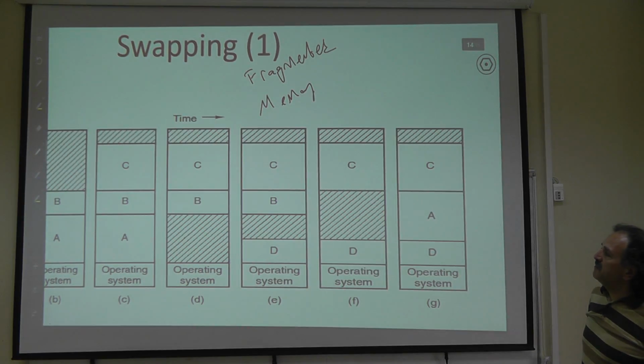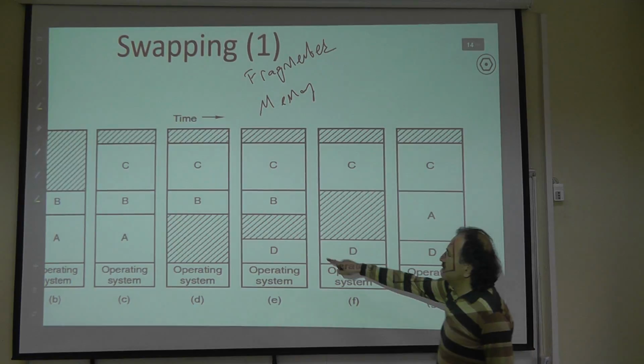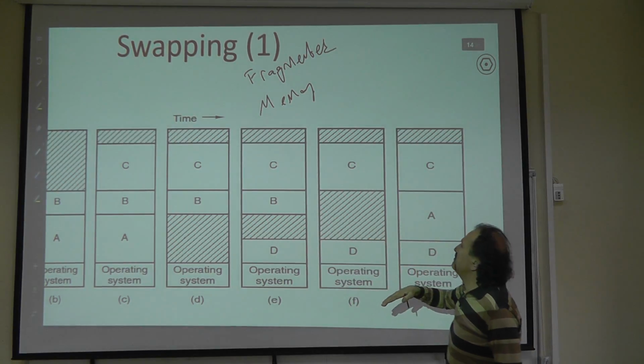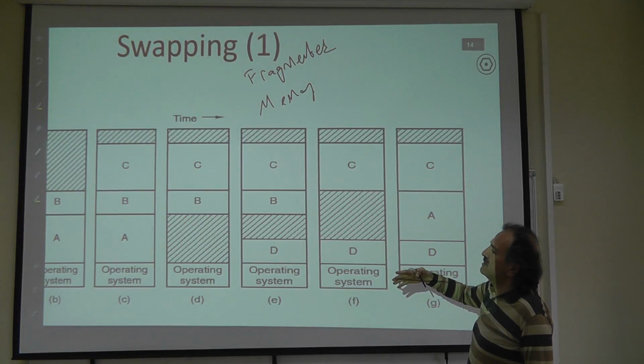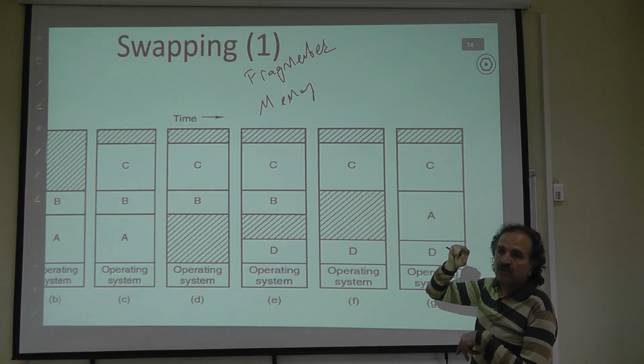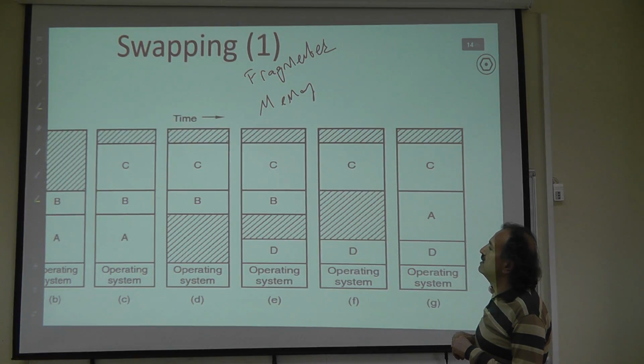I have some space available here, and I have some space available there. Maybe I have enough space to load A, but since they are fragmented, I cannot load A. I need a contiguous space to load A. So fragmentation is something bad for the memory.